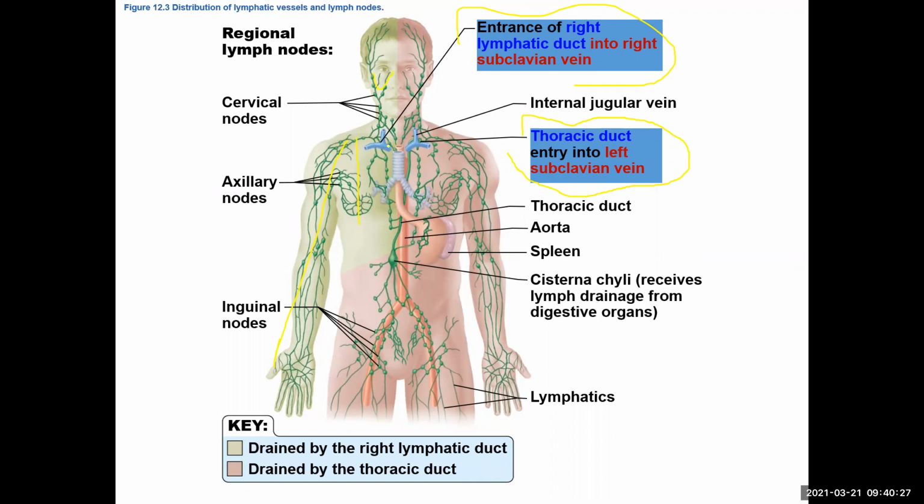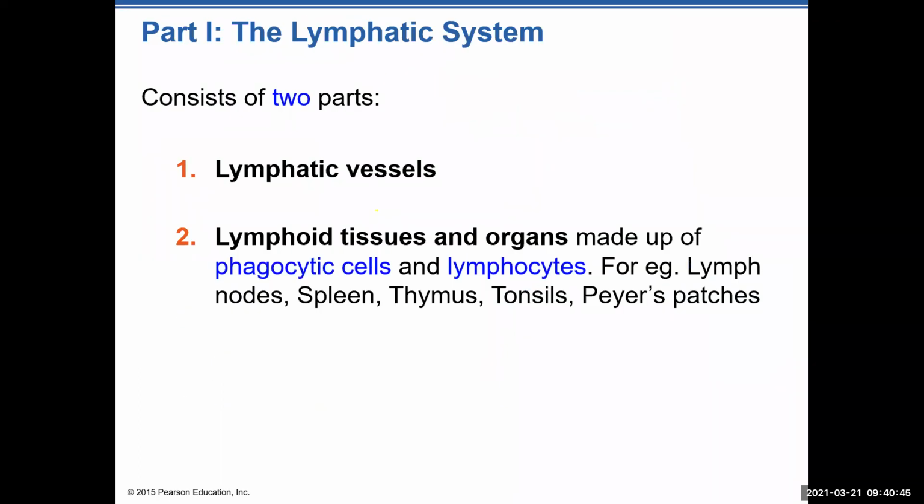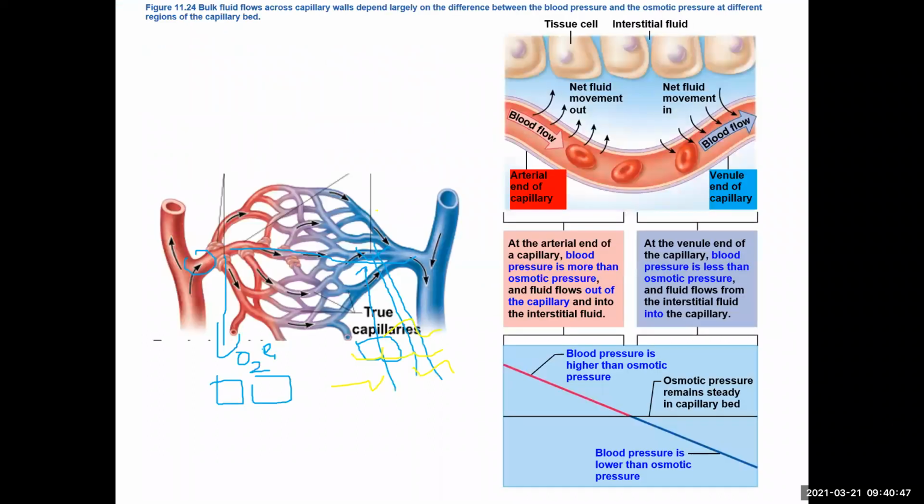Then we learned that lymphatic vessels are just like the blood vessels, but of course they have differences. And what are the various types of lymphatic vessels? We said they are the lymphatic capillaries, the lymphatic collecting vessels, and then we have the lymphatic trunk and the lymphatic duct.